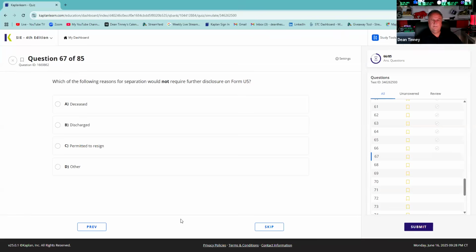Which of the following reasons for separation would not require further disclosure on a U5? So U4 is hello, U5 is goodbye. A U5 disassociates you from a broker-dealer, and they're asking which of these would not require an amendment to your U4.